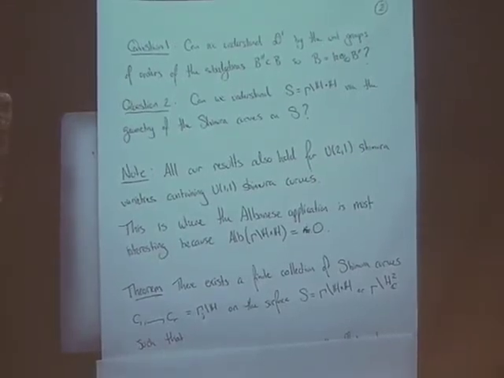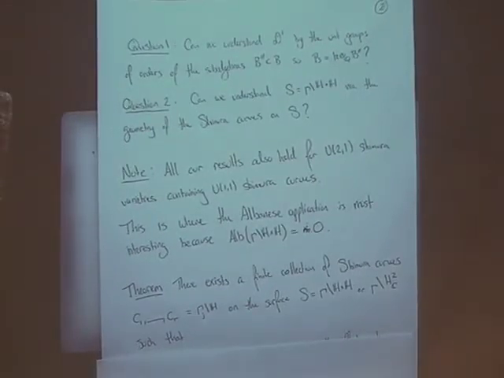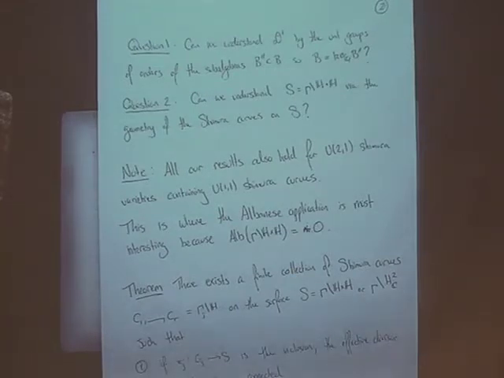Excuse me. So the theorem is: there exists a finite collection of Shimura curves on this surface, such that, part 1, you take the divisor given by the inclusions, and that's a connected effective divisor.